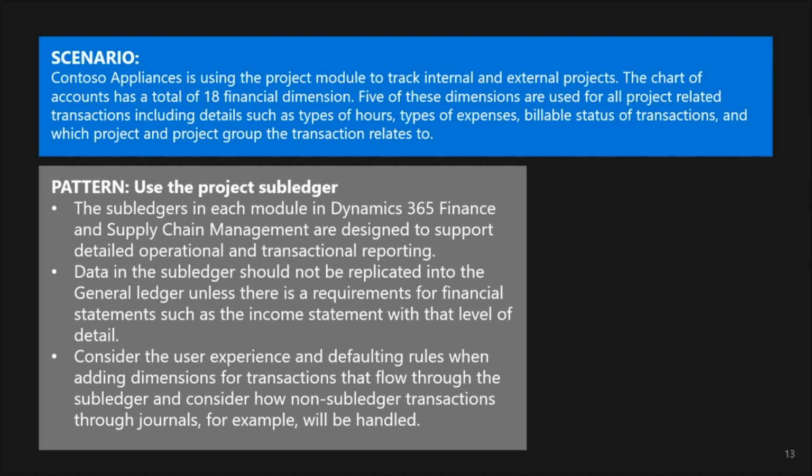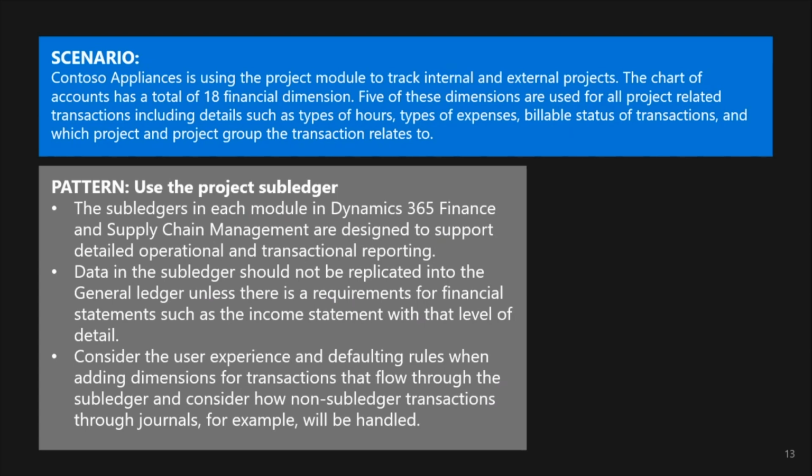So in this situation, Eric, it sounds like we really ought to implement the projects module. But I know you said that the projects module was out of scope in the statement of work. That doesn't mean that you're wrong. Remember, the subledgers in finance and supply chain management are designed to support detailed operational and transactional reporting.